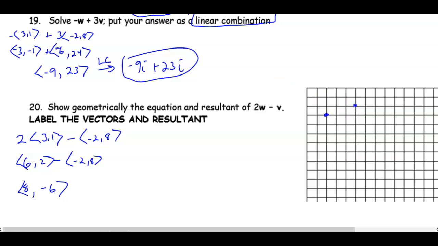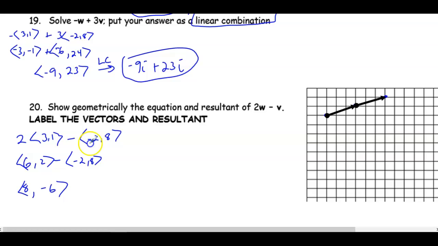So this first point goes like this. Then it's 2 of them. So I'm gonna go right 3 again. 1, 2, 3, up 1. Like that. So starting here, I go again. Y'all see that? Now this point right here is going to go negative 2, 8.